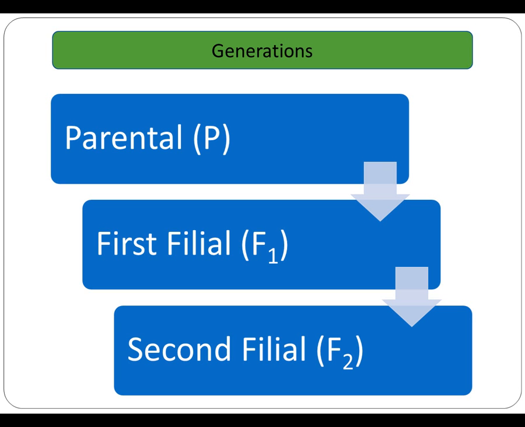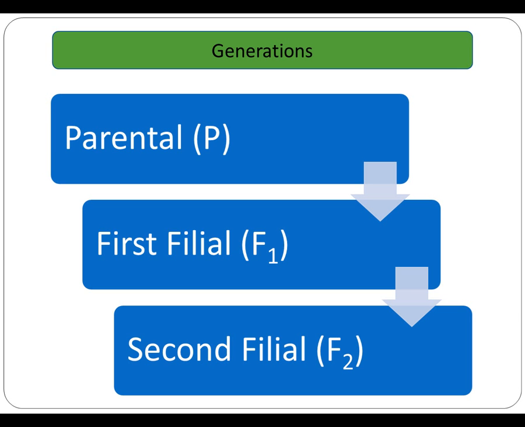The F2 generation is the offspring of the F1 generation, and it just goes in sequence. Now we're going to use these terms depending on our practice, looking at monohybrid and then dihybrid crosses. We're going to first do the monohybrid, and then we'll look at the dihybrid.